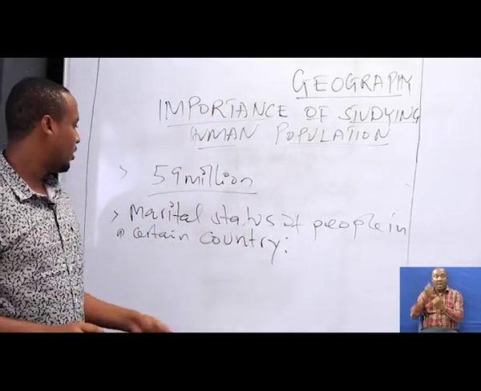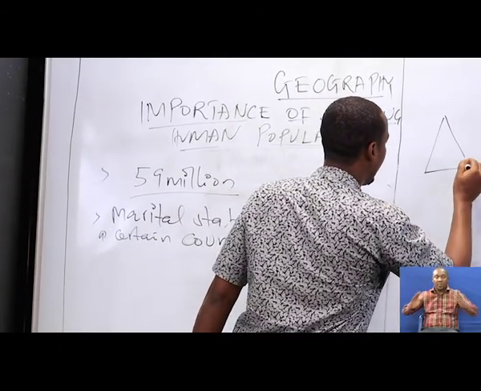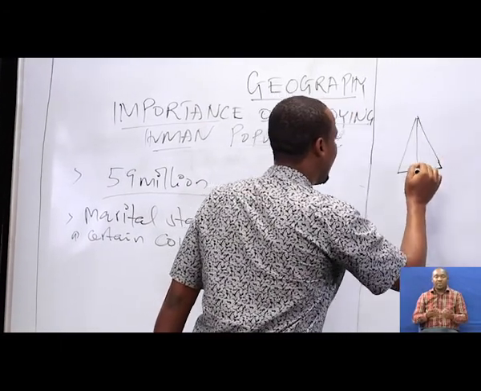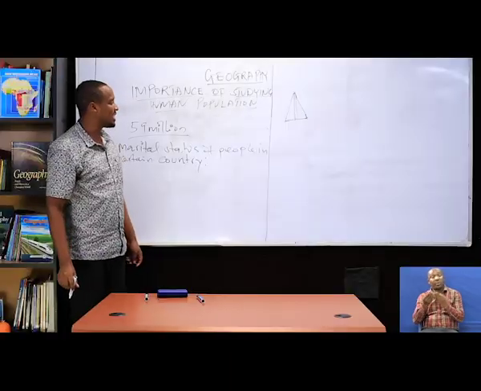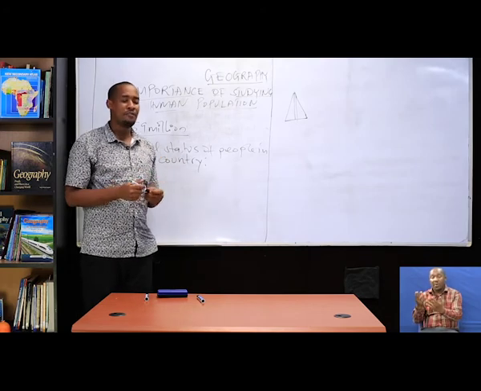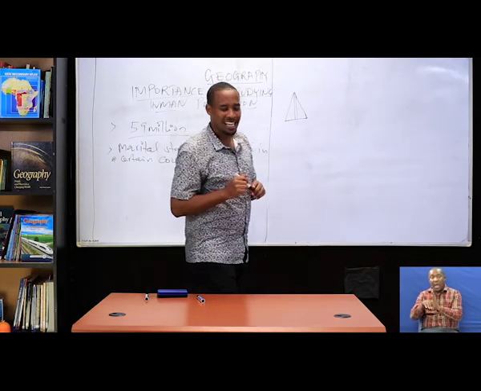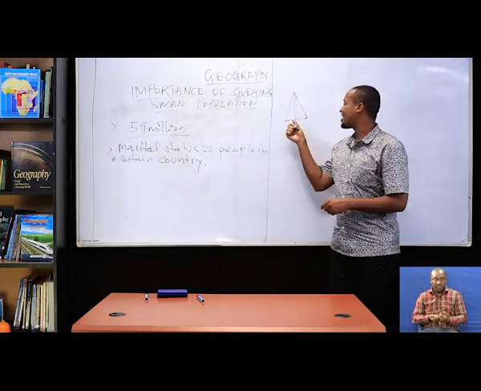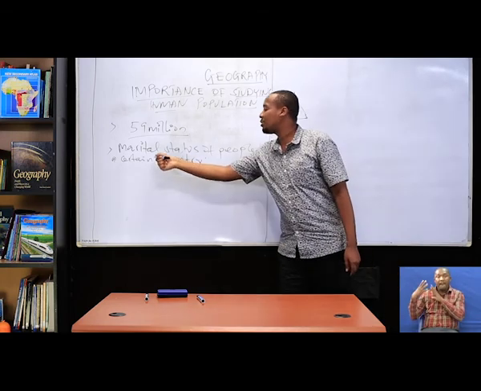That means that through having a population pyramid, one of its importance is that it provides information about people in terms of their age and sex. But second, these population structures can provide information concerning marital status.